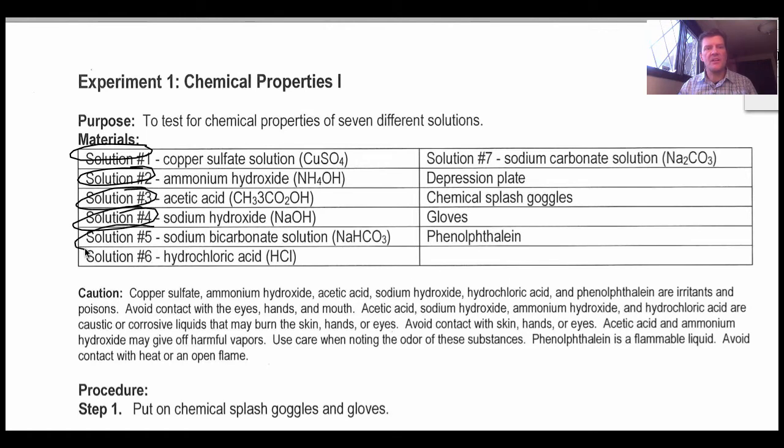Then you're going to use that evidence, and you're going to be given an unknown A, B, C, or D, and you're going to have to devise a way to find out what that unknown is. It's going to be one of these 7, and you're going to have to figure out what reaction you should perform to determine which of these 7 solutions you have.